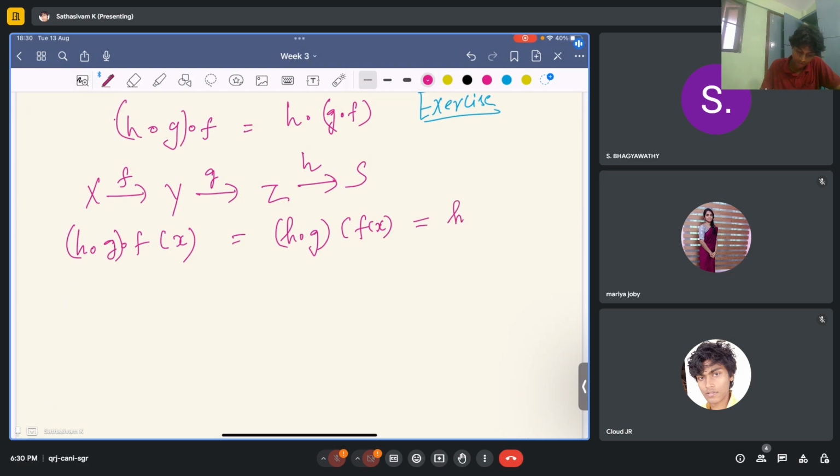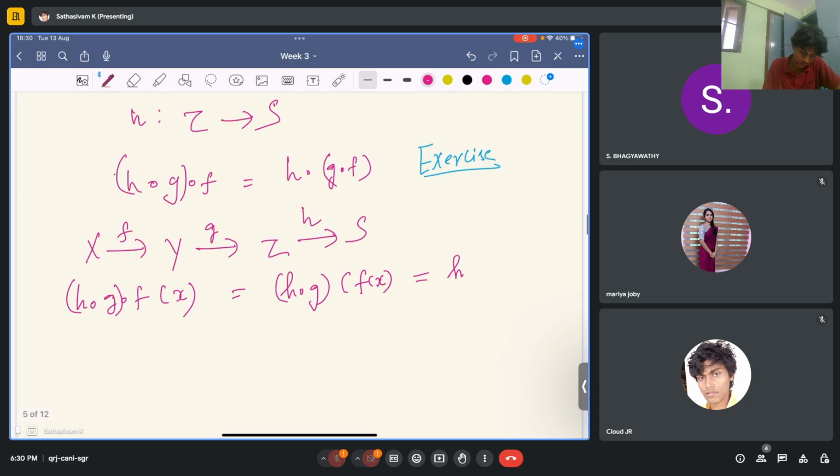Now how does h compose g act on f of x? It acts on f of x as h of g. So you see it as a single element.